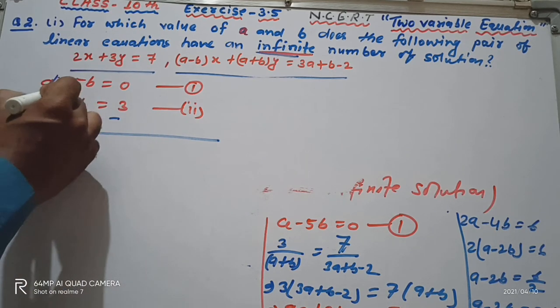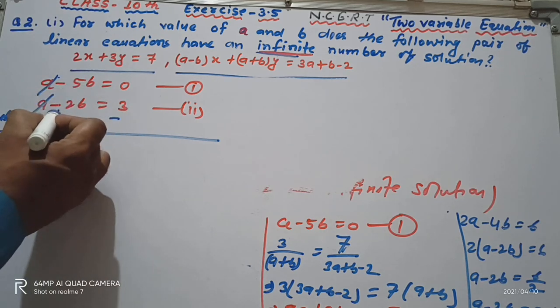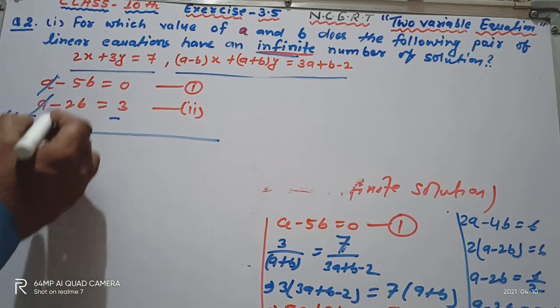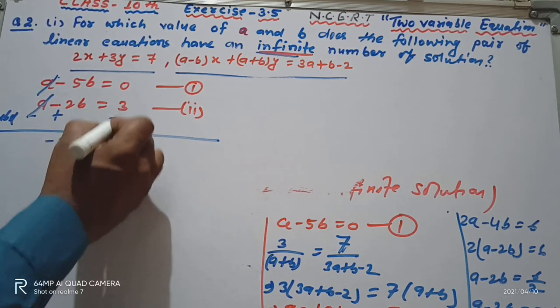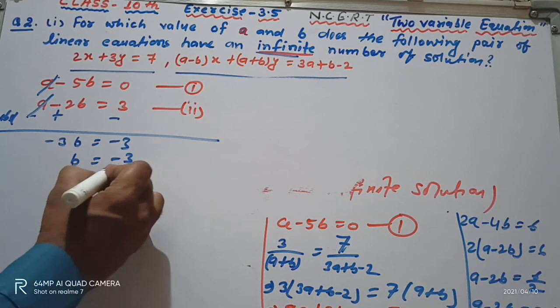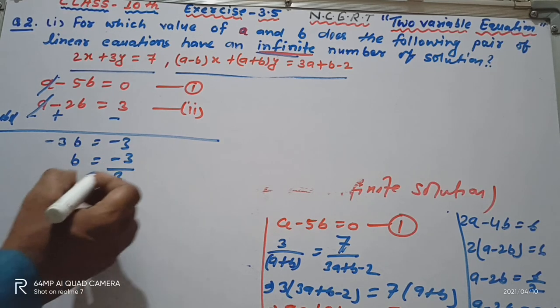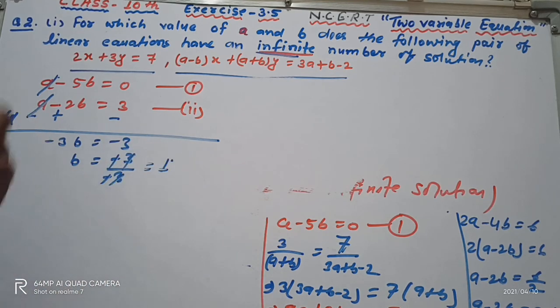So plus a minus a will cancel. Now minus 5b and plus 2b will give minus 3b is equal to minus 3, so b is equal to minus 3 by minus 3, and it will be cancelled, so it will be 1. So we have got the value of b here, no problem.